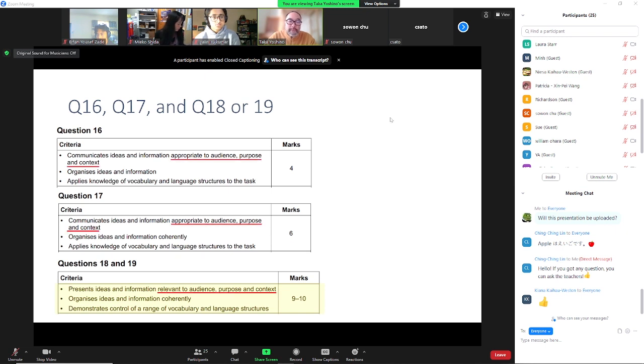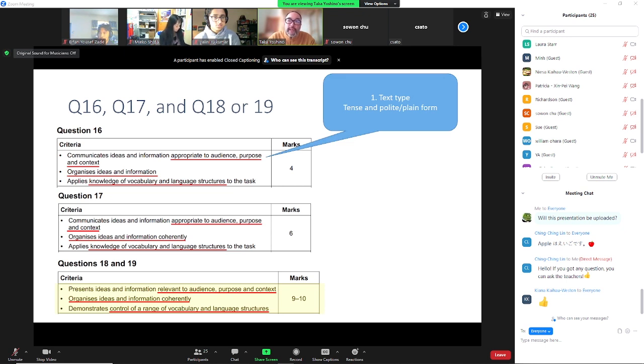Appropriate audience, purpose, and context, relevant to audience, purpose, and context, organize ideas and information coherently, and knowledge of language, vocabulary, and language structures. So for all of those questions, what you're targeting to do is very similar.